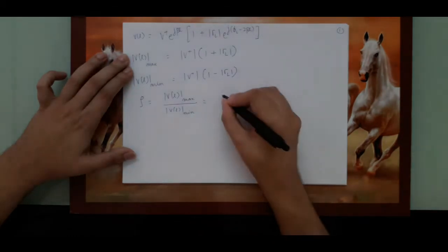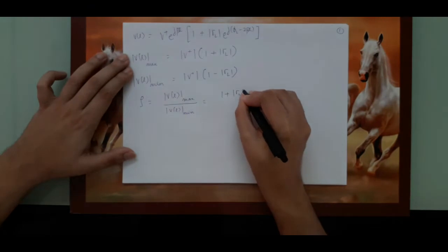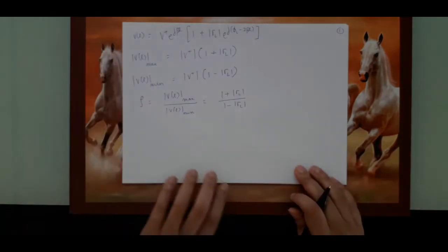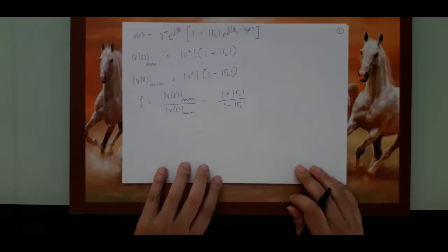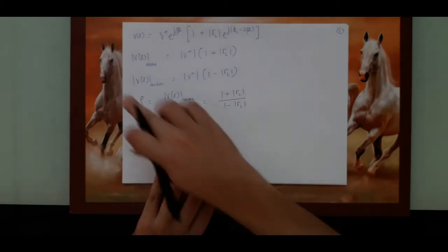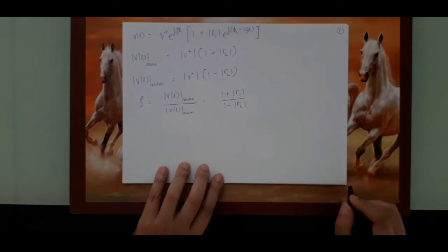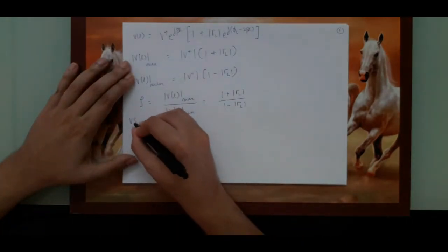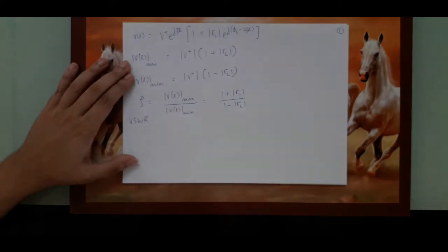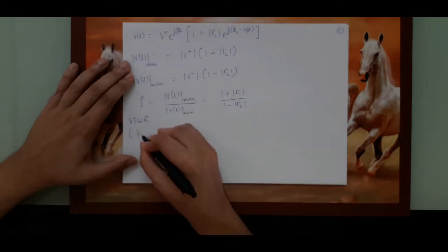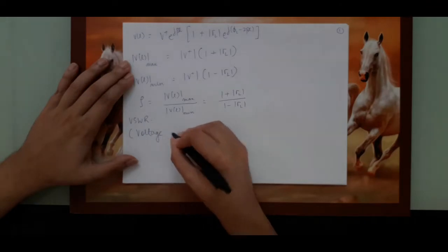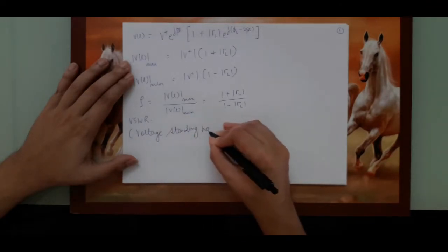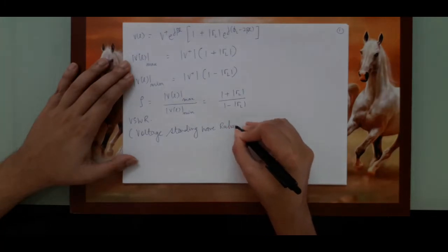So that will be nothing but 1 plus mod gamma L divided by 1 minus mod gamma L. Now this ratio has a rather special meaning. This is called VSWR, or what we call the voltage standing wave ratio.